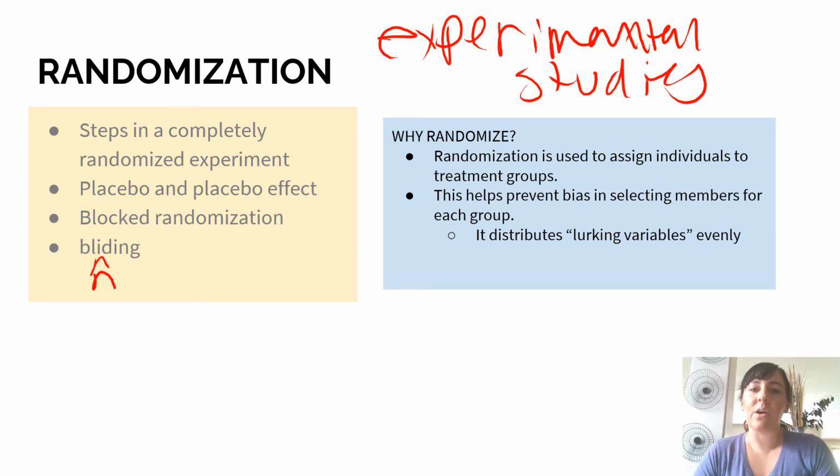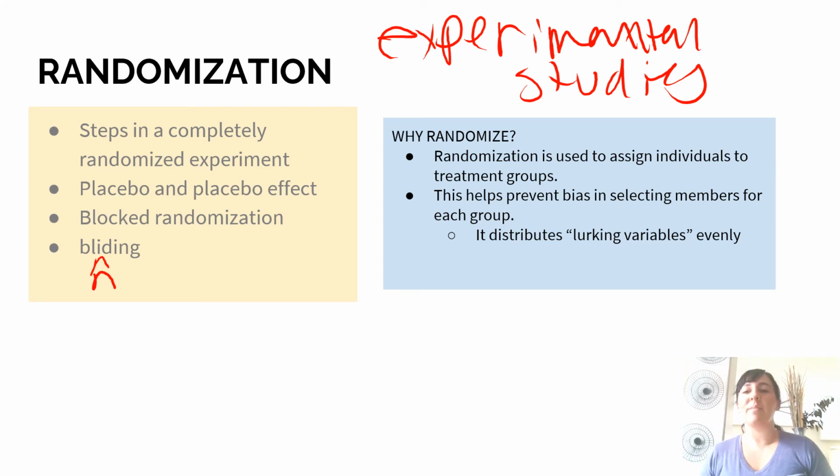Anyway, this helps to prevent bias in selecting members for each group. Let's say you're going to select members for this particular group where they're going to take a pill. And this group is not going to take a pill, or maybe they're going to take a placebo pill. We'll talk more about that in a little bit.